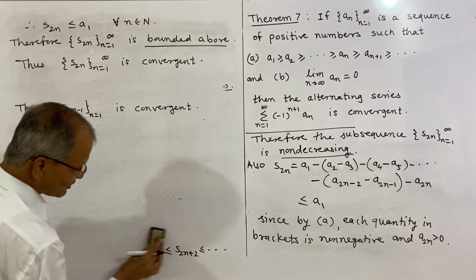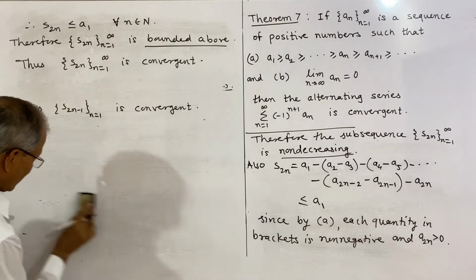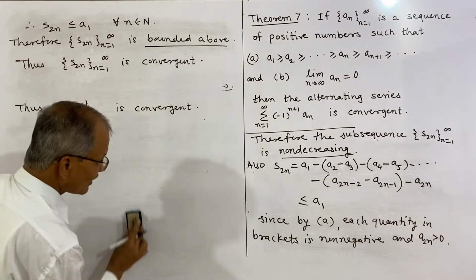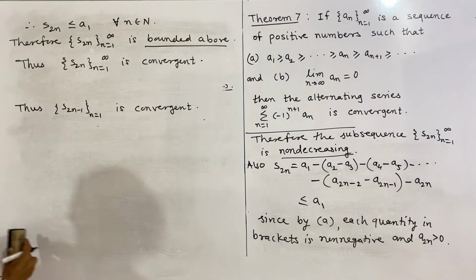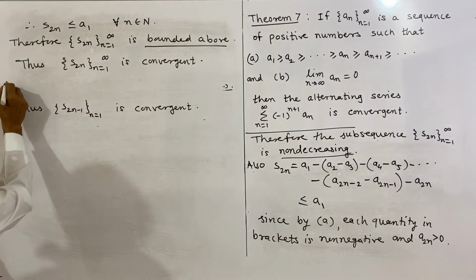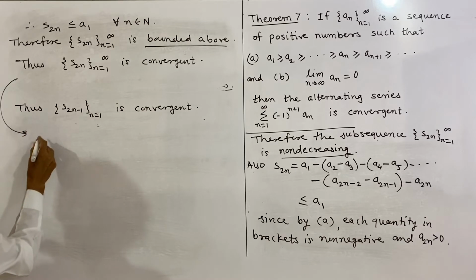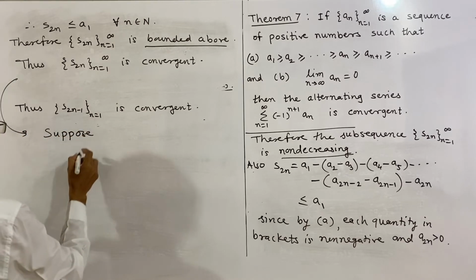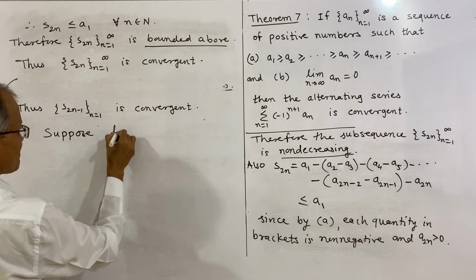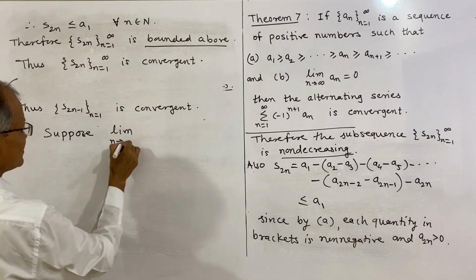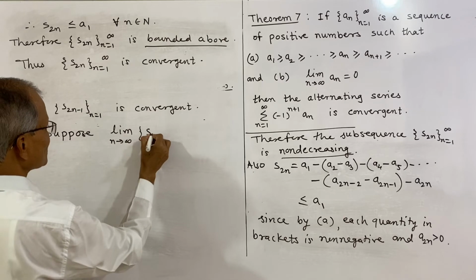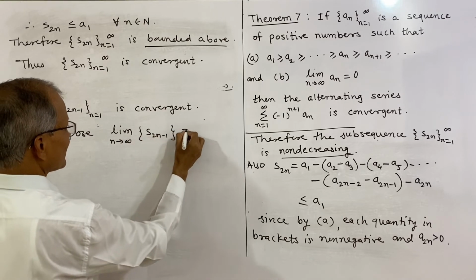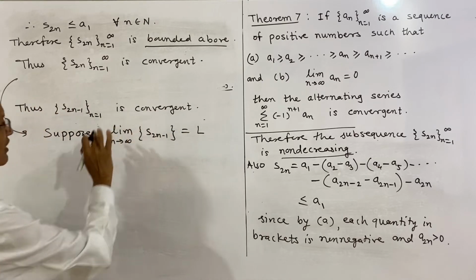So we shall suppose these are L and M. Now suppose, I shall write here, limit as n tends to infinity of s2n minus 1 is equal to L. This is a convergent sequence.